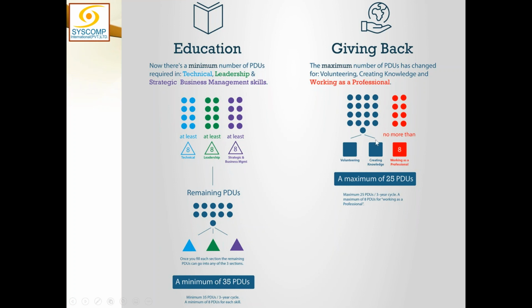In that, at maximum 8 PDUs can be gained for your experience, and the remaining PDUs you can gain from volunteering, by doing some work like creating knowledge or training people. But I would recommend very strongly that you just focus on education. It is always better that you learn something new.